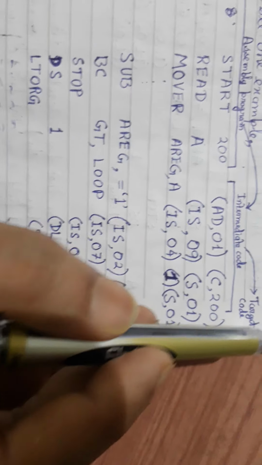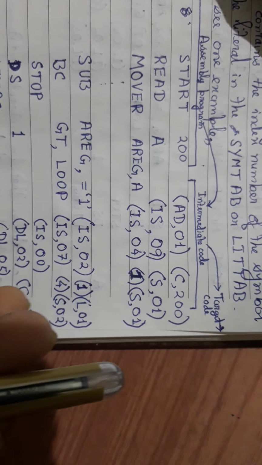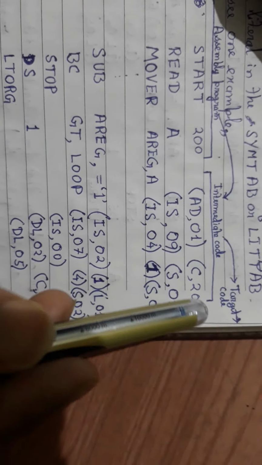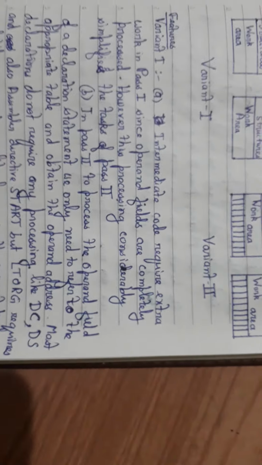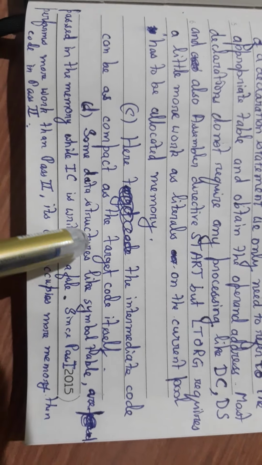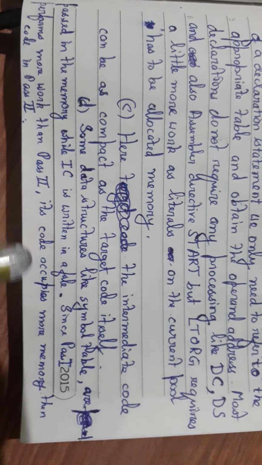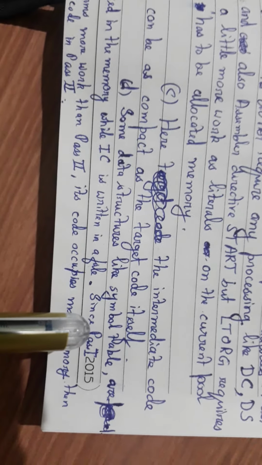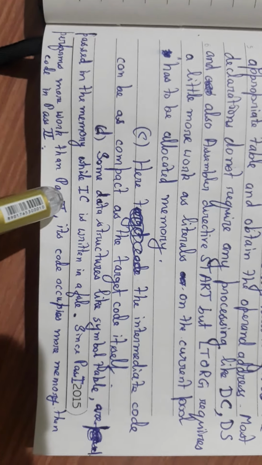Although it will be converted to target code, it is near to target code. That is why I have written that the intermediate code can be as compact as the target code.